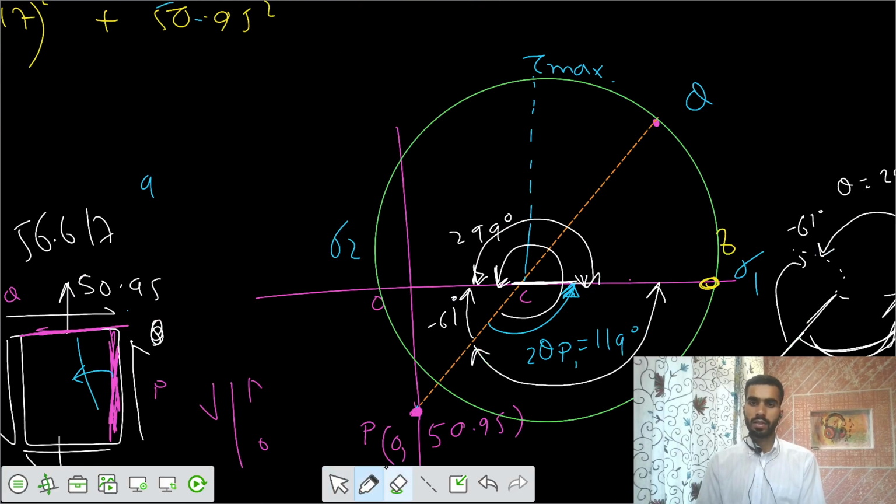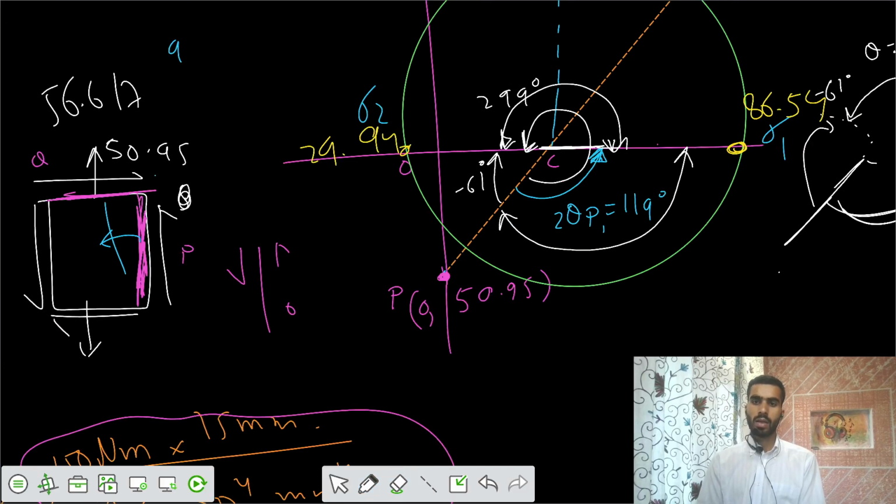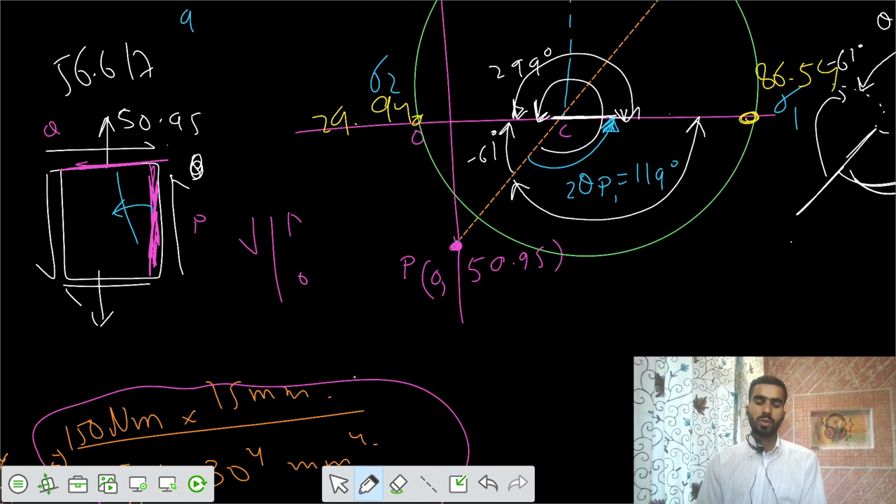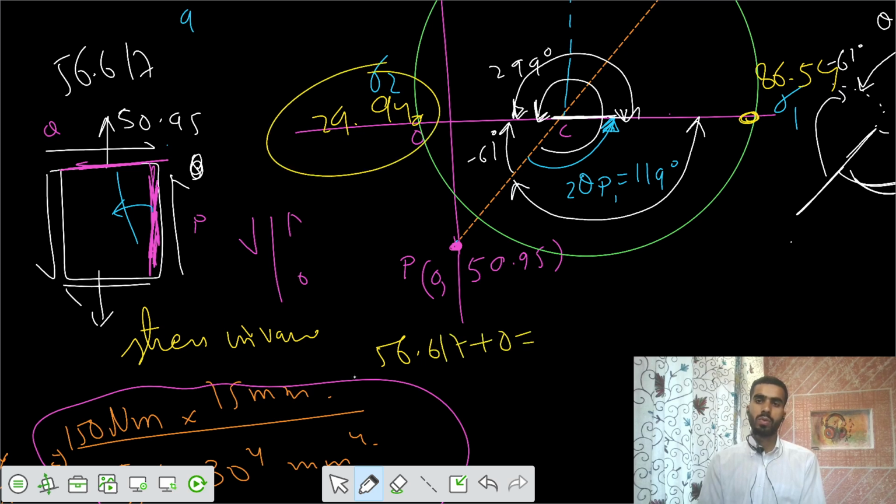Let's say this is your 86.54, and this one is your 29.94 megapascal. And by the complementary shears, the summation of those stress invariants, I would say your 56.6167 plus 0 should be equal to these two, 86.54 plus minus 29.94.